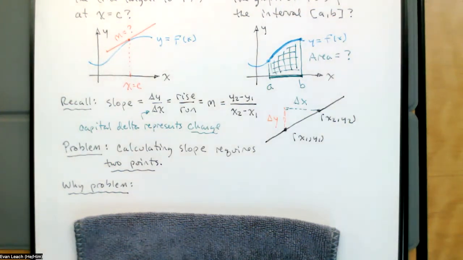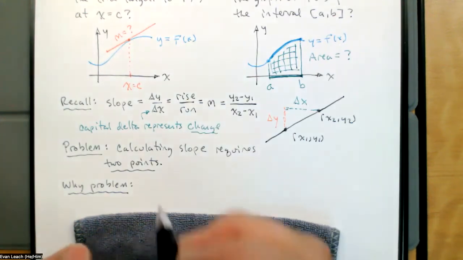This is why this is a problem. We're trying to find the slope of a tangent line, and the tangent line only hits the function in 1 point.